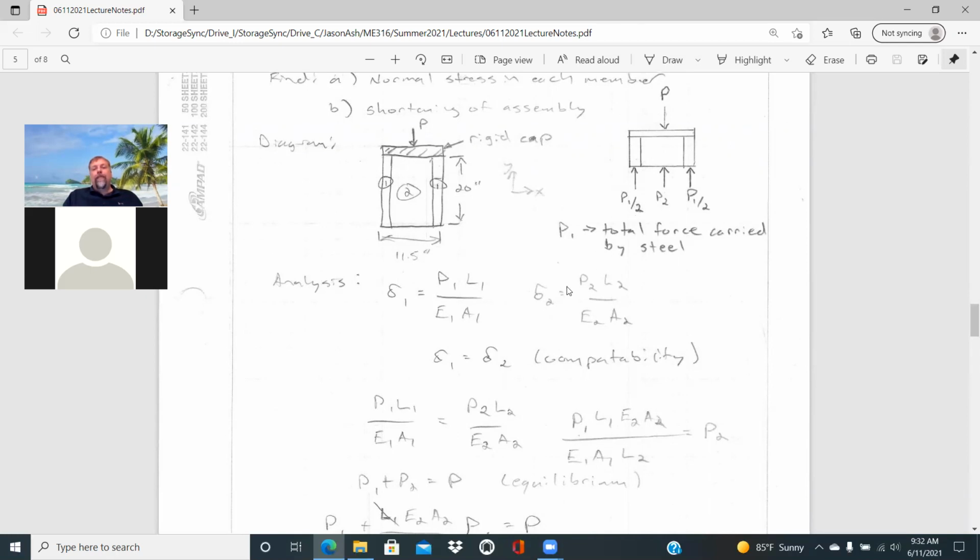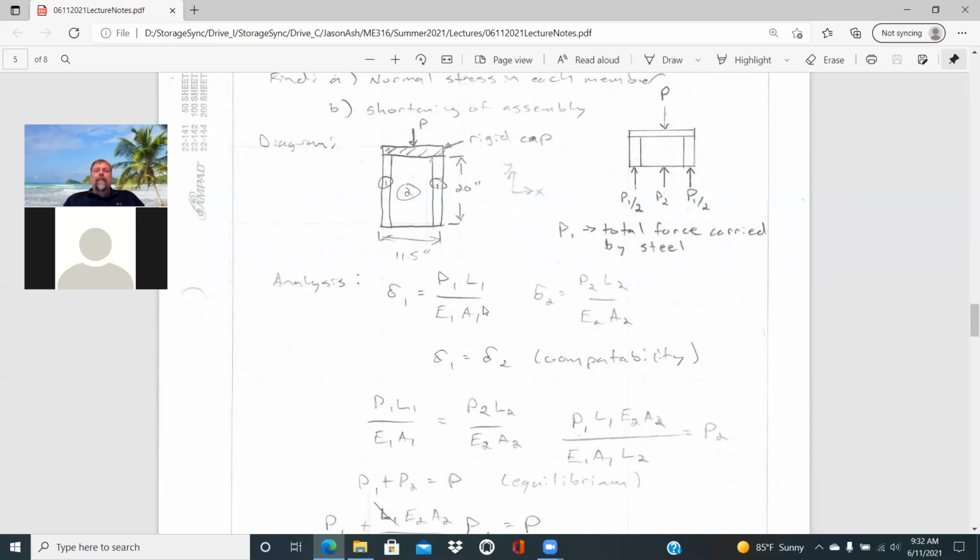And the displacement we get from the oak would be equal to P2 L2 over E2 A2. For compatibility to be satisfied, the displacement of the steel would have to be equal to the displacement of the oak. That's then our second equation in addition to equilibrium. That'll give us two equations, two unknowns.